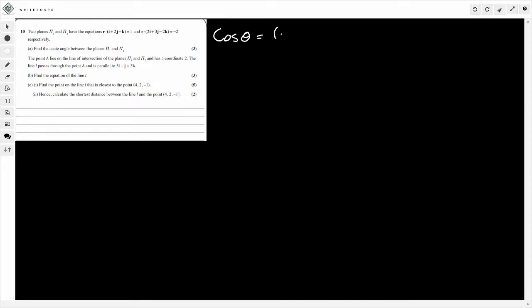So that's i plus 2j plus k dotted with this vector here: 2i plus 3j minus 2k. And then we divide this by the product of the magnitudes of the vectors.